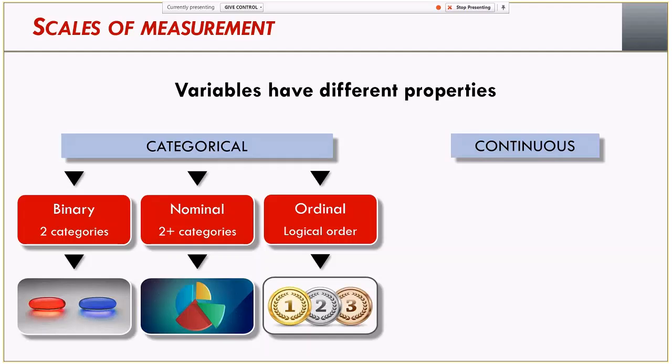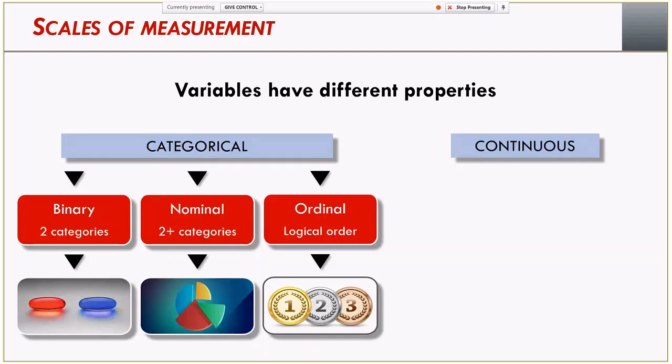So we have information about the order in which the racers finished the race, but we don't have any information about the intervals, the spaces in between the racers, and that's a very important distinction.